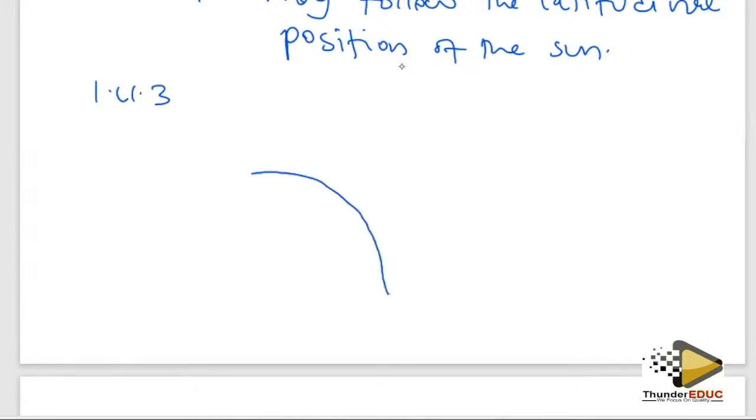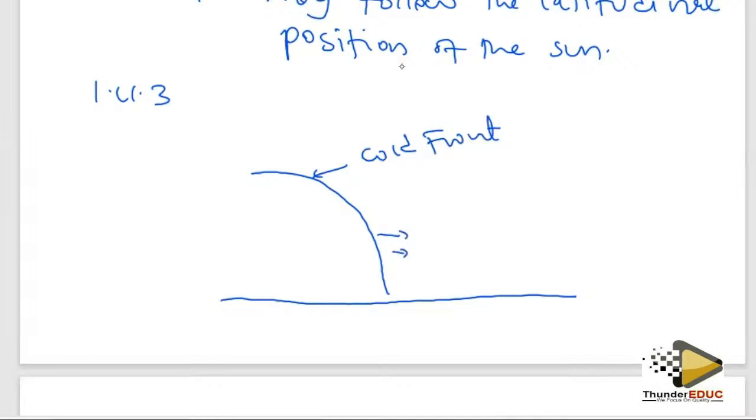So we need to show a steep pressure gradient. So this would be our cold front. And we know whenever the cold front approaches the home sector, warm air rises.